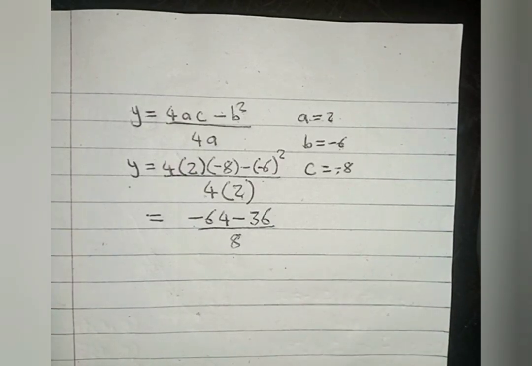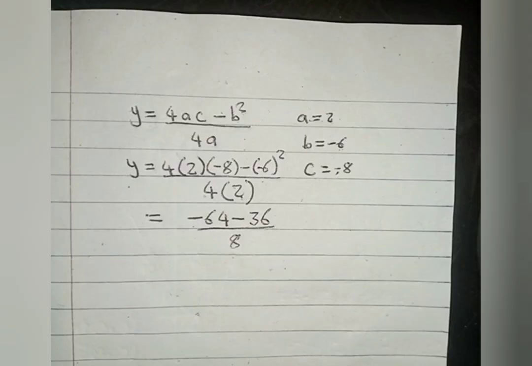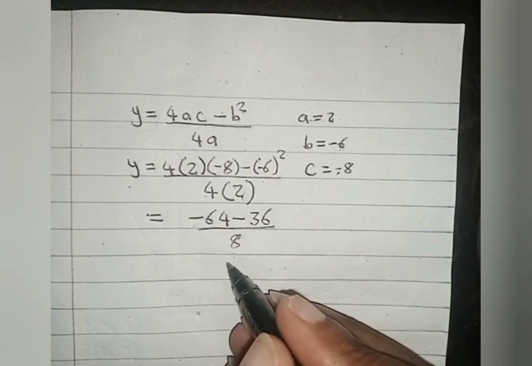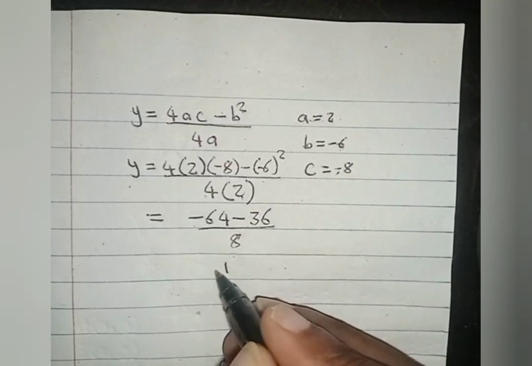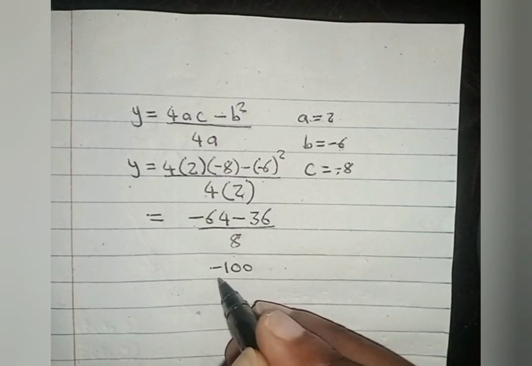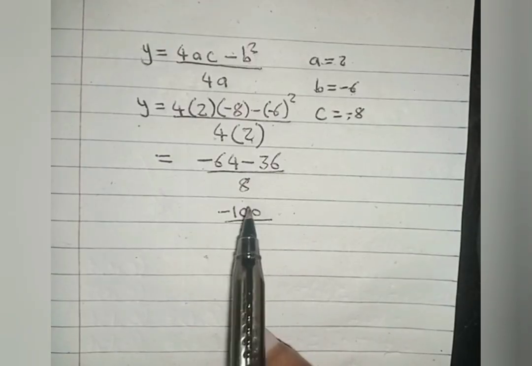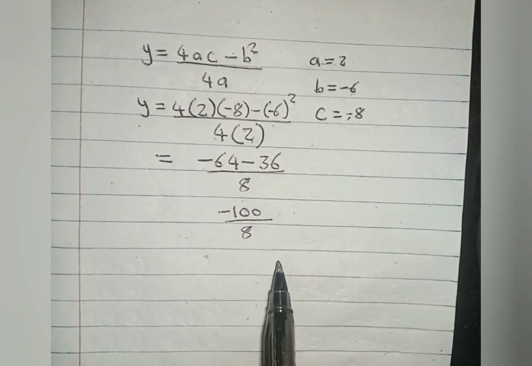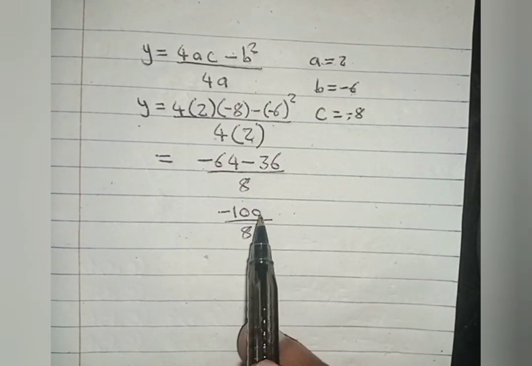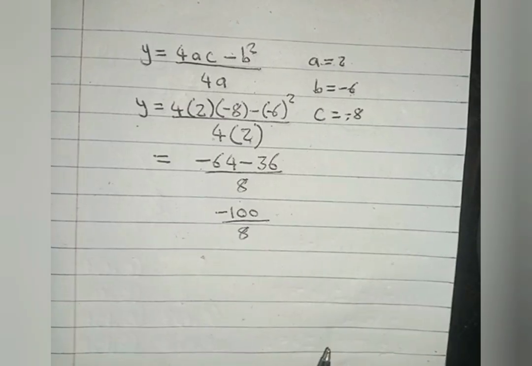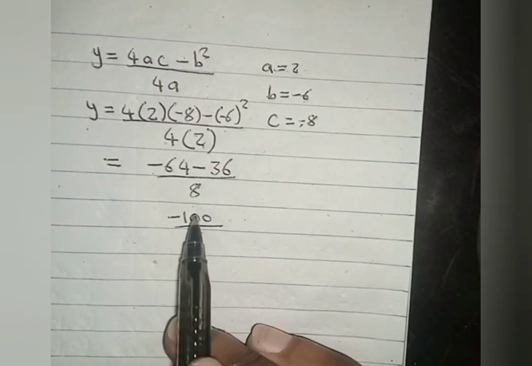We can simplify the top. So -64 minus 36, we get -100. So we have -100 over 8. Let us simplify. We look for a number which goes into 100 and 8 without leaving a remainder. Let us start with 2.